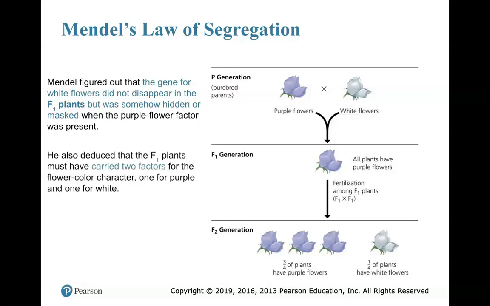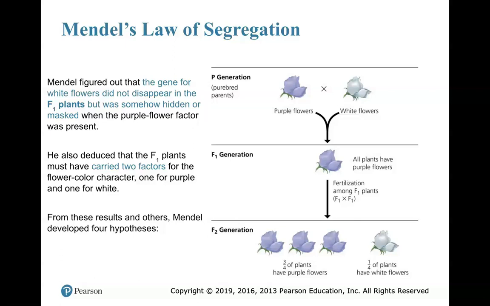He also deduced that, because this masking effect is occurring for that white color, those F1 plants must have 2 different factors that they carry for heredity. So flower color character must have 2 factors that code for this flower color, 1 for purple, 1 for white.